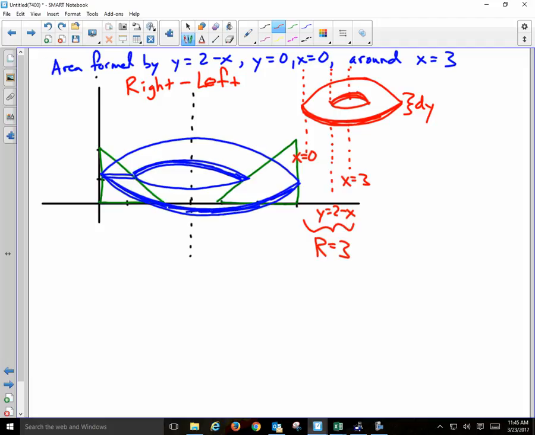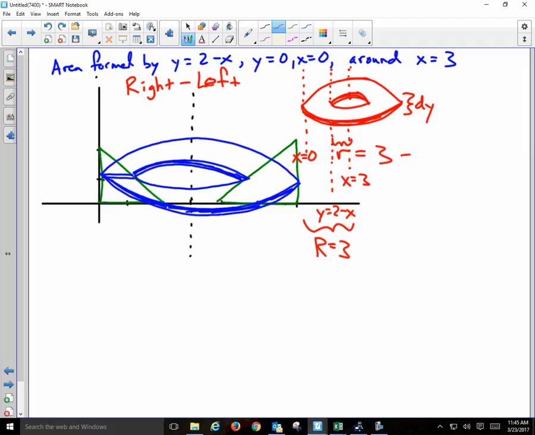So now we'll do little r, which is going to be that right there, right? Just this length, right? Yep. So what's the right side of that? 3 minus this thing, right? 2 minus x.